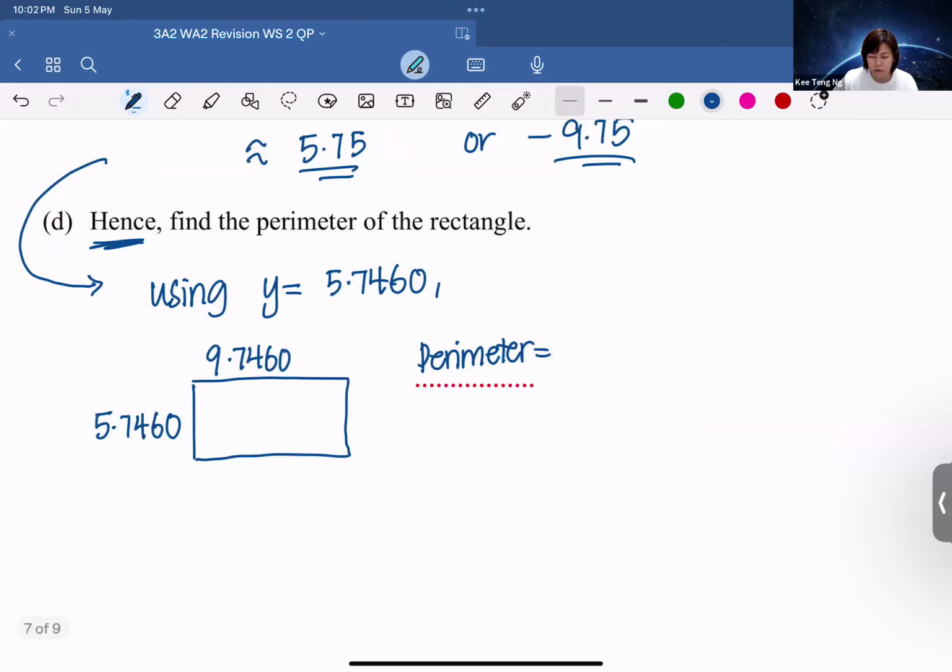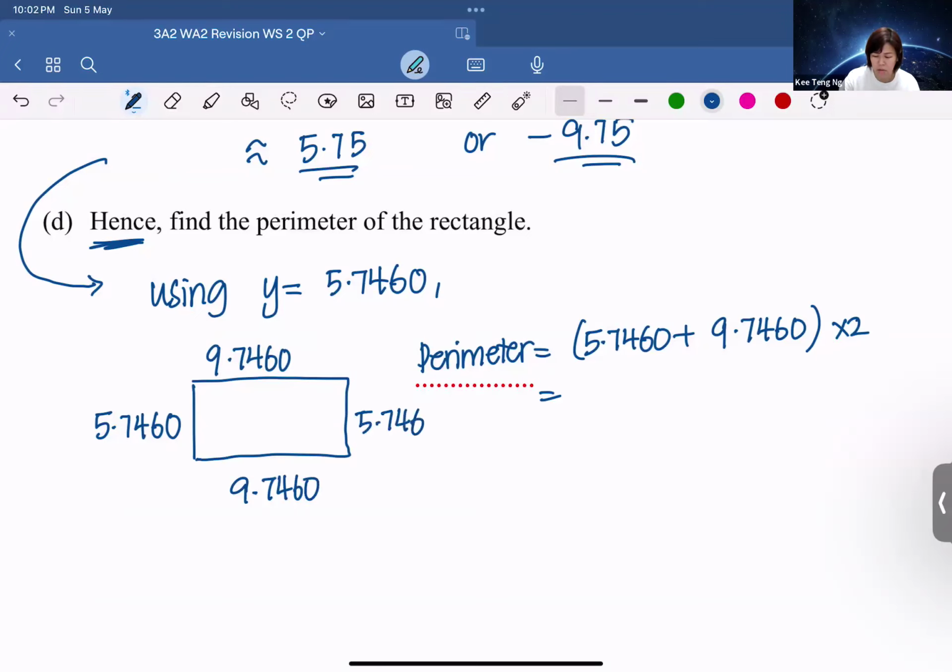I'm going to take 5.7460 2 times, and I add 9.7460, the whole thing times 2, right, to find my perimeter. And that gives me 30.984. Rounding it off, 1, 2, 3, 6, 8, round up, 31.0 cm.